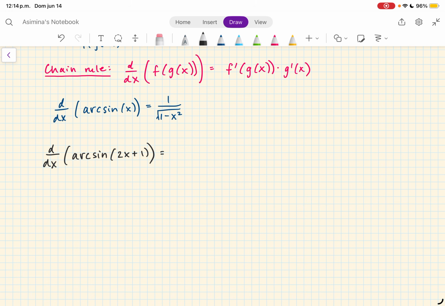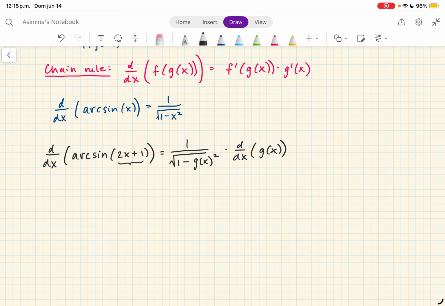How do we apply the chain rule? So first, we have f prime of g of x. So the derivative of arcsine is going to be 1 over the square root of 1 minus, now x in this case is really g of x, squared, times the derivative of the inside function, g of x.